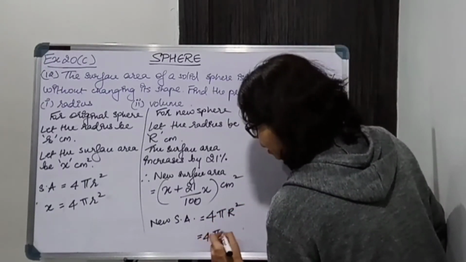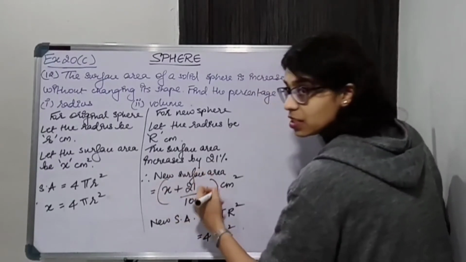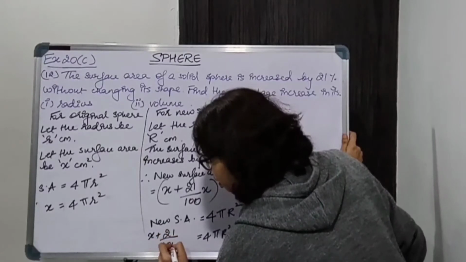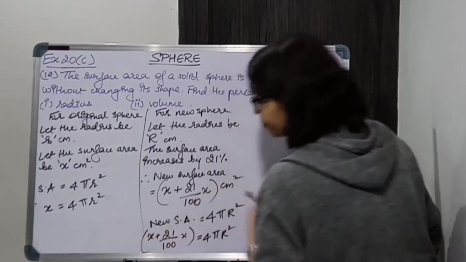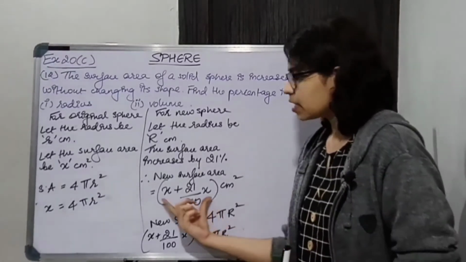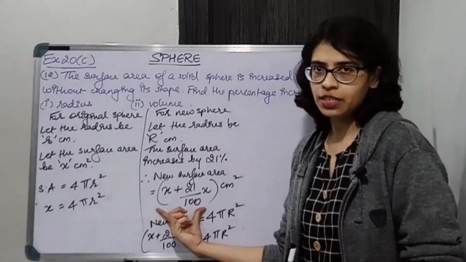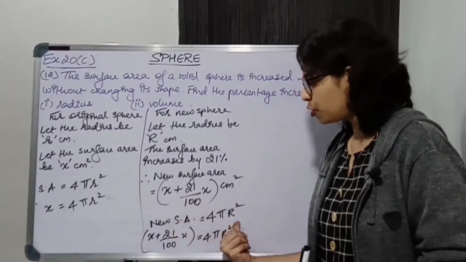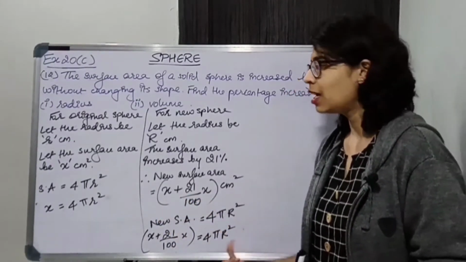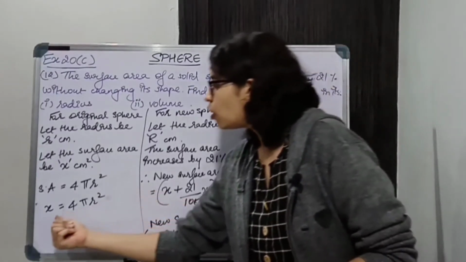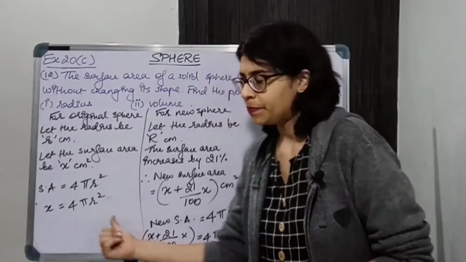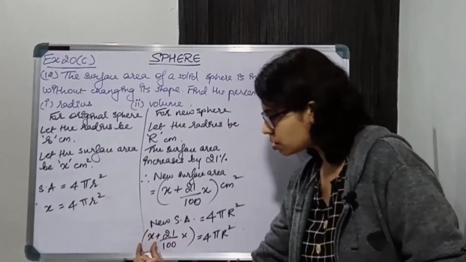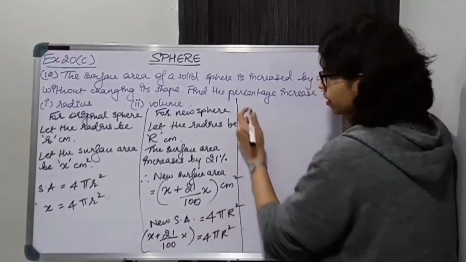This 4 pi capital R square is equal to this thing, right? So this is equal to x plus 21 upon 100 into x. Its surface area is this much. We have assumed this, x plus 21% of x, and we substituted its formula. So this is equal to this. Now we got x equal to 4 pi r square. So can we write 4 pi r square over here? We'll just substitute this in place of x.